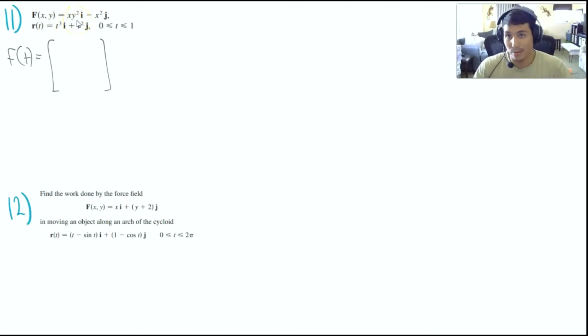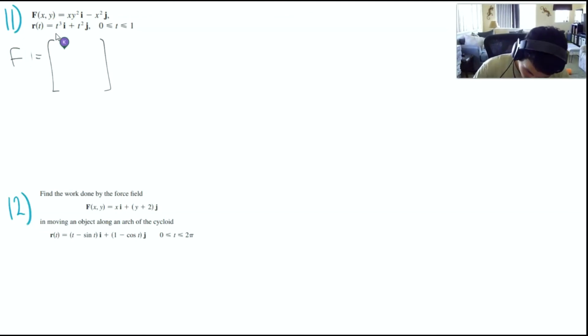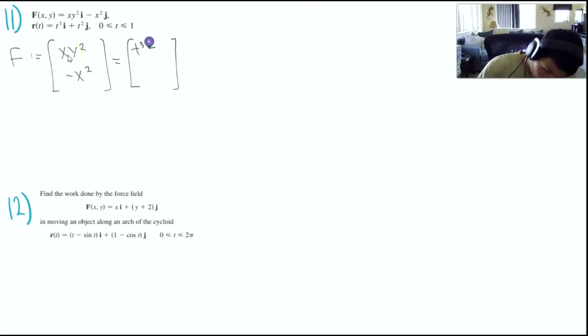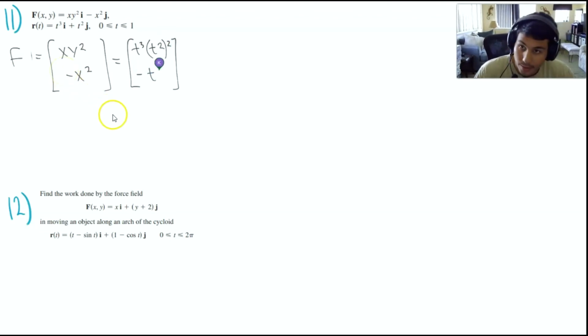So the first part, xy squared. Let me just write f real quick so I don't confuse anyone. F is originally xy squared, negative x squared. And this is going to be the same thing as t cubed times t squared, minus t cubed squared.